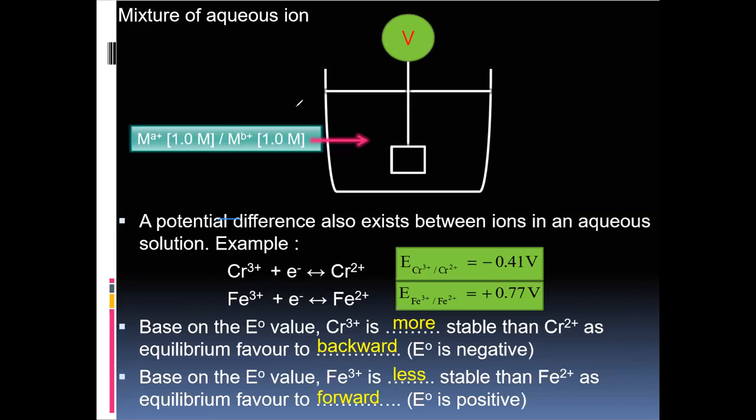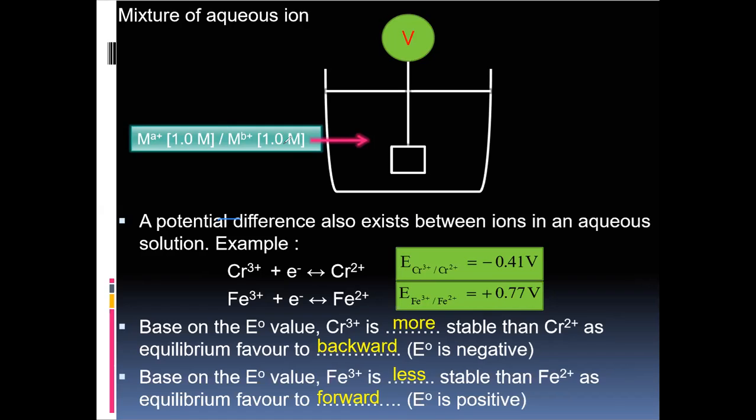Now, a mixture of aqueous ions. I told you there are three different scenarios. We've looked at two, for metals and for non-metals. Now this is the third one, which is a mixture of aqueous ions. In this case, this is your metal ion at 1 molarity, and then another metal ion, which is also at 1 molarity.